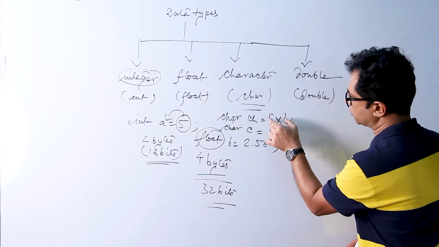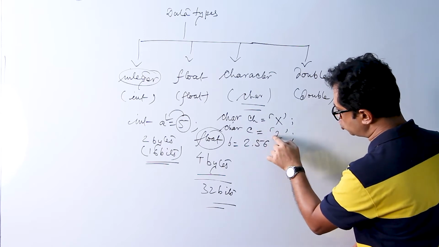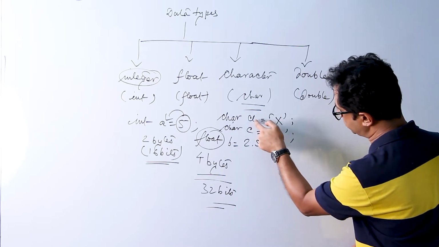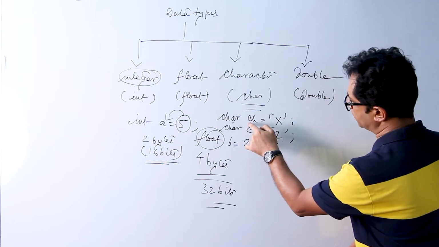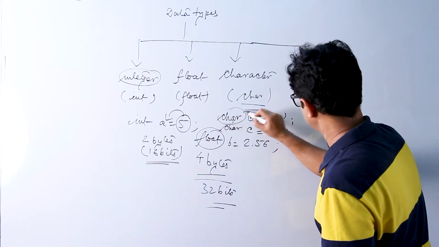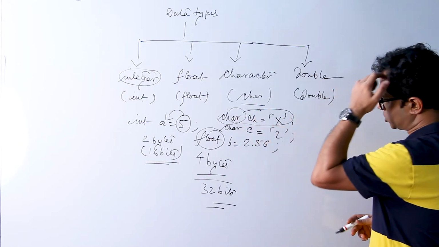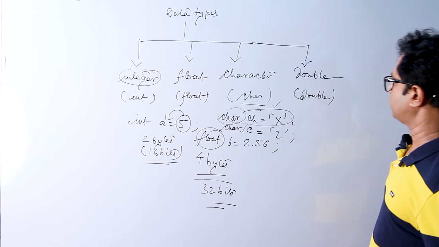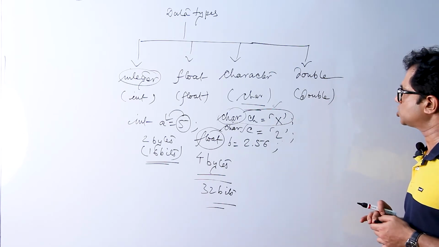This capital X is enclosed in single quotes, and this 2 is enclosed in single quotes. These are character constants which can be assigned to character variables. These are examples of character data type declaration and initialization.